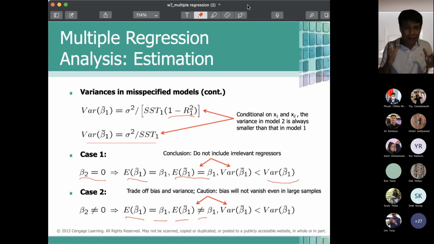So far, before group presentation, I told you that between multicollinearity and omitted variable, try to address the issue of omitted variable, meaning try to include all relevant variables. Multicollinearity can be addressed as long as you have a large sample size.